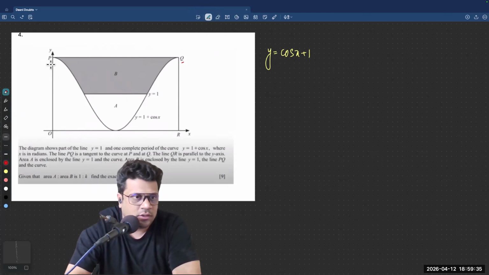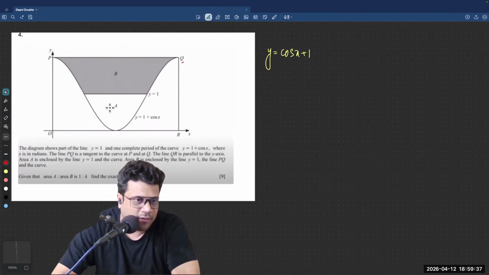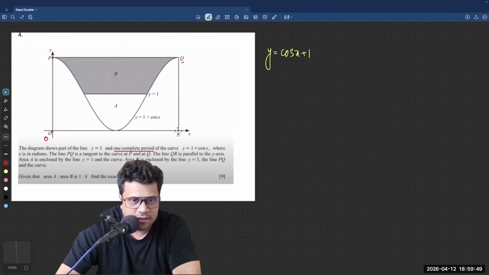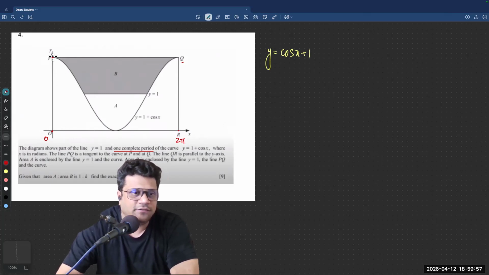And another thing given about this curve is its one complete period. So if it starts from zero, you know that one complete curve will be between 0 and 2 pi. So the coordinates of O, P, Q, and R can actually be seen by just that.